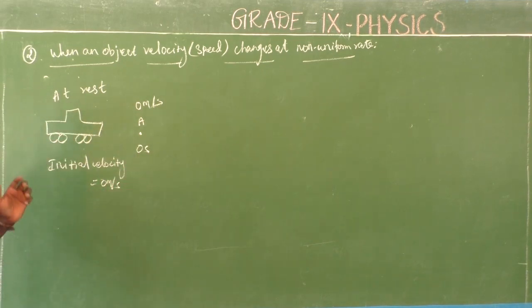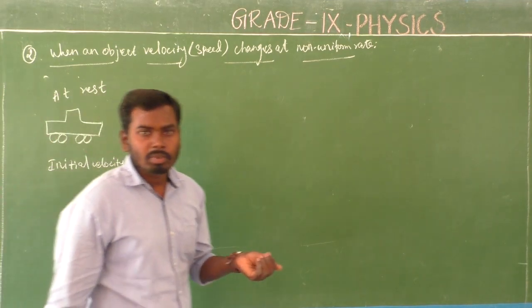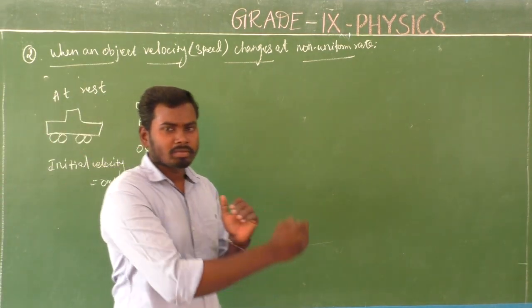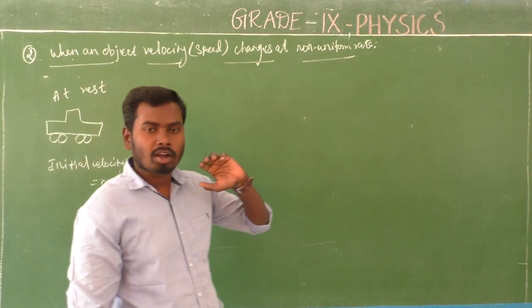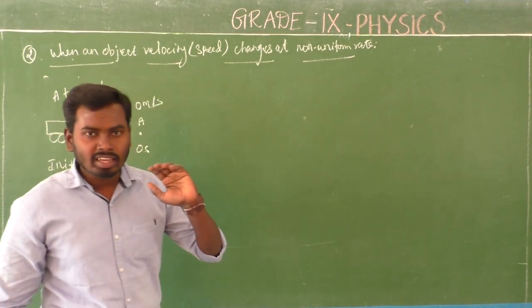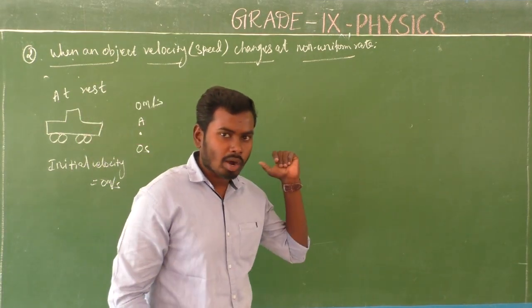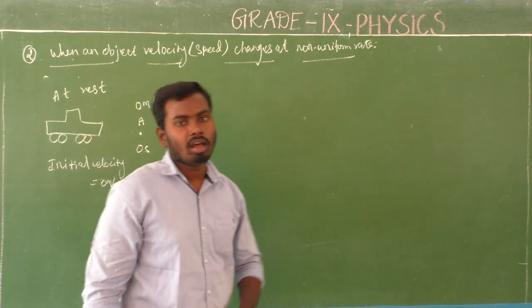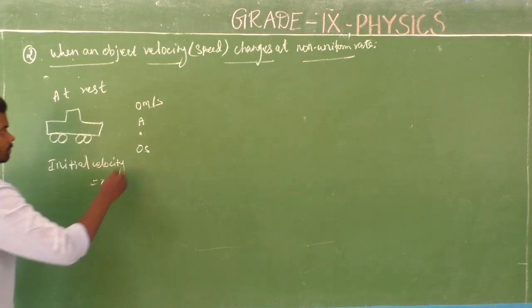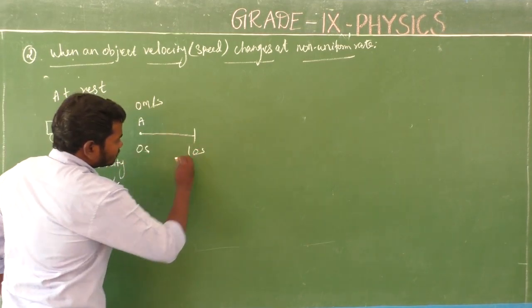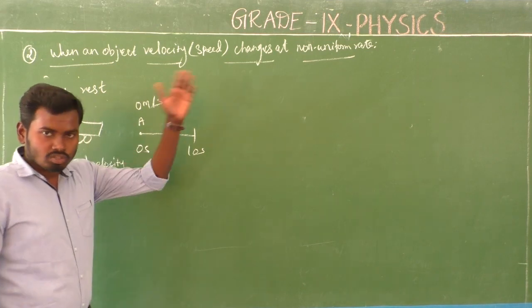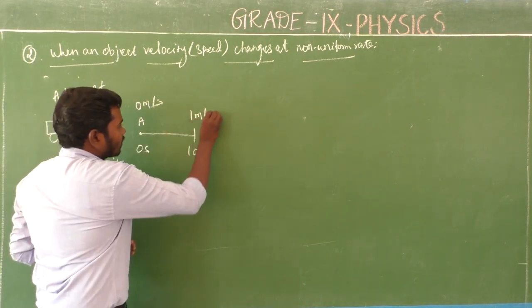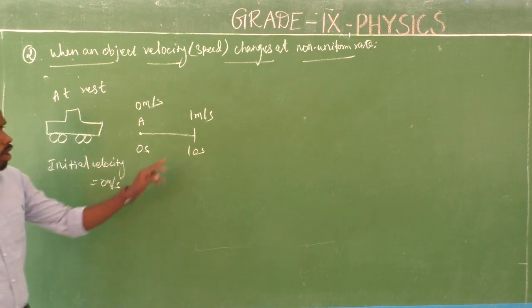Is it clear? Yes. So from point A, which means initially at 0 position, the car starts moving. Gradually the car's speed increases, which means the velocity of the car increases. Is it clear? Yes. In the first 10 seconds, the velocity of the car changes to 1 meter per second.